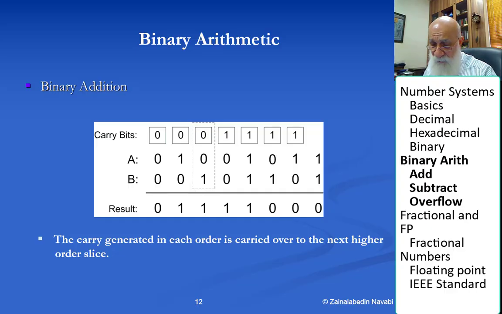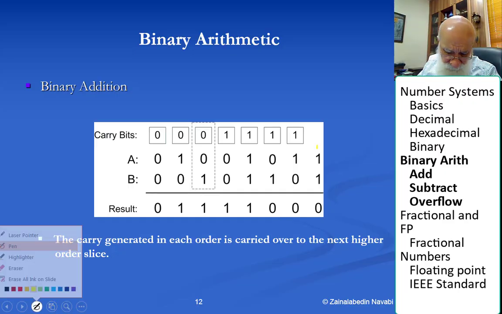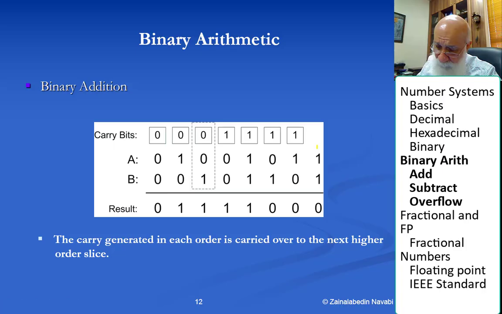Okay, here I have two numbers. What are these numbers? The weights are 1, 2, 4, 8, 16, 32, 64, 128.